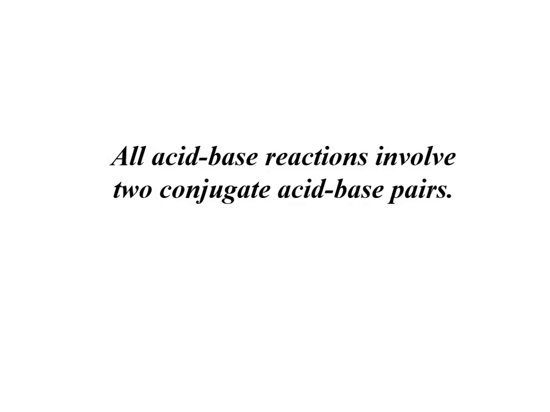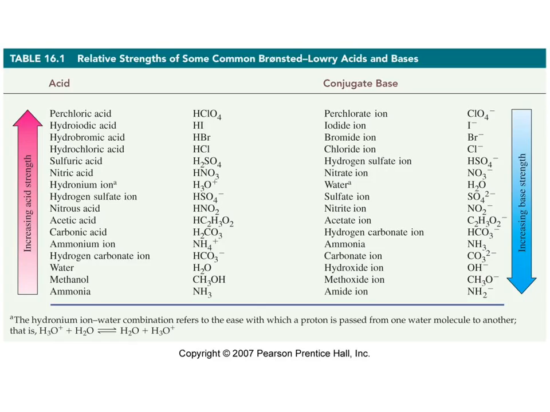So there should be 2 pairs of conjugate acid-base pairs. This is just to remind you, we've talked a lot about conjugate acid-base pairs. You've got to go across the row and find their buddy on the other side that differs by a proton, and relative strengths.